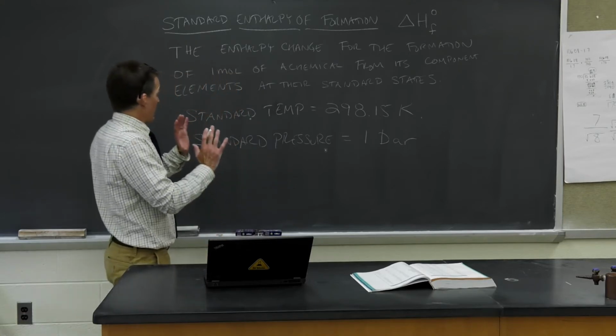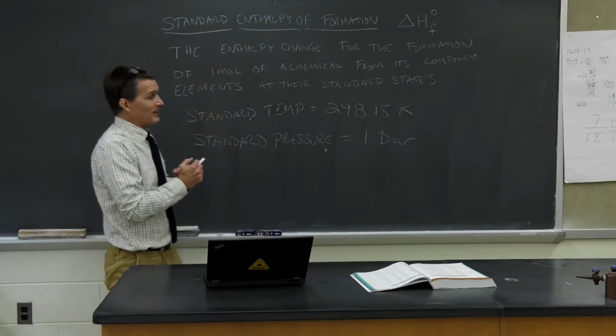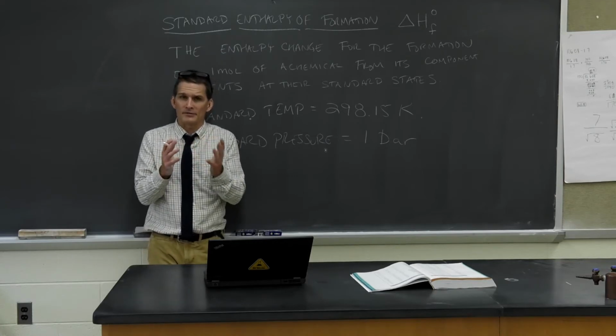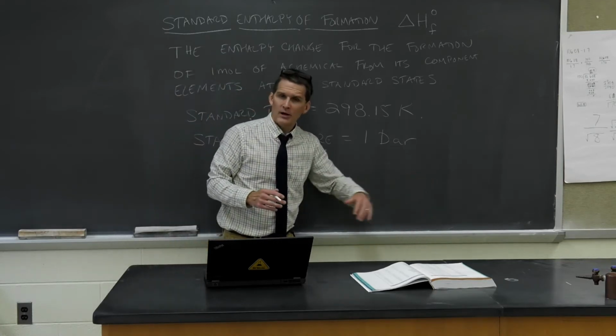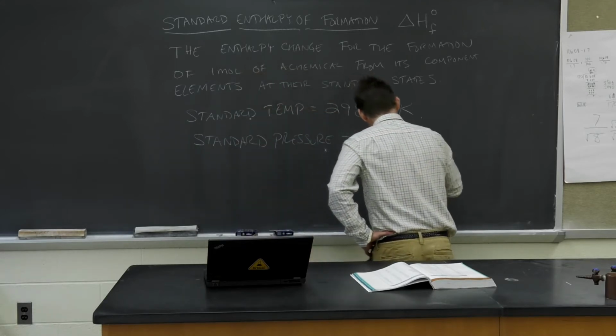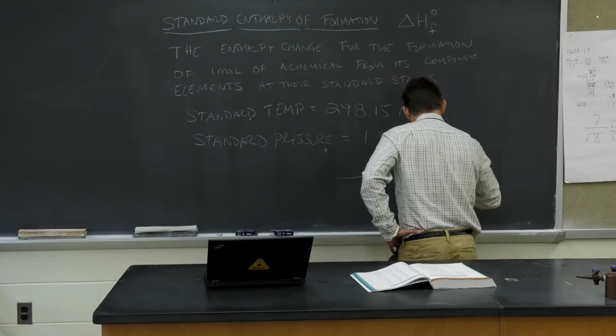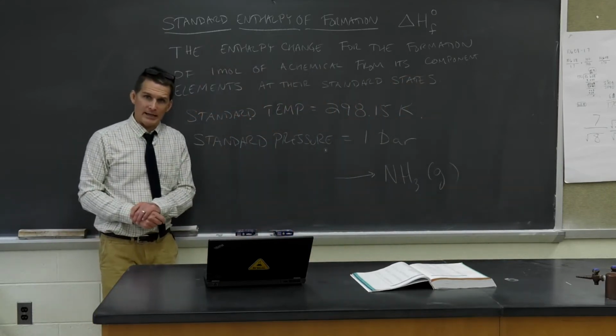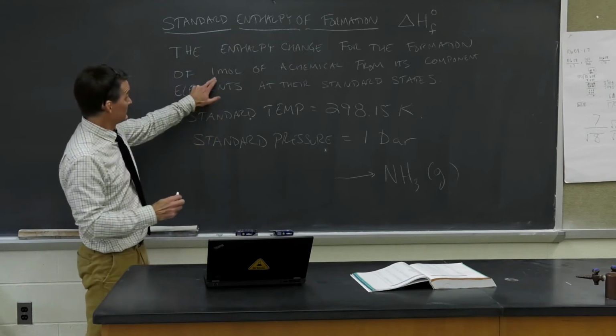All right, there's a lot in here. So let's, for example, think about the formation of a compound. We'll say ammonia. We're going to make ammonia, NH3 gas, and we're going to make 1 mole of it.